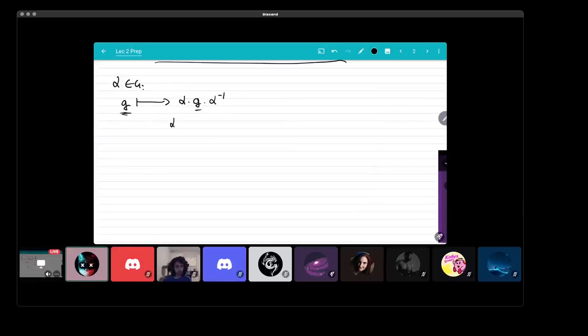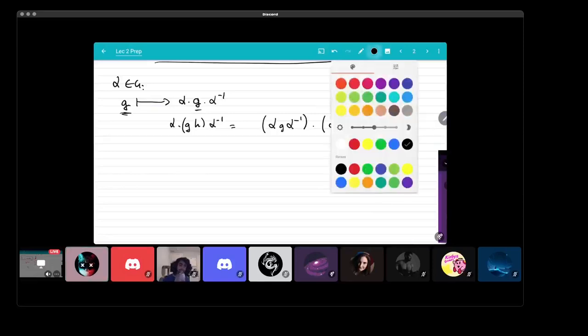If you have alpha gh alpha minus 1, we want to show that this is equal to alpha g alpha minus 1 times alpha h alpha minus 1 in order to satisfy the homomorphism check.